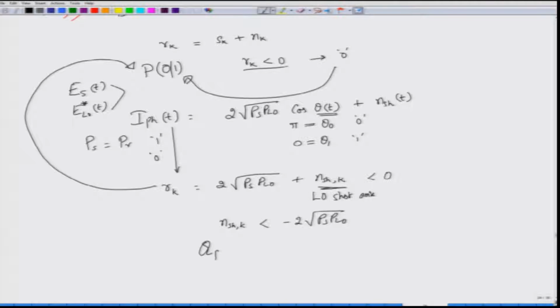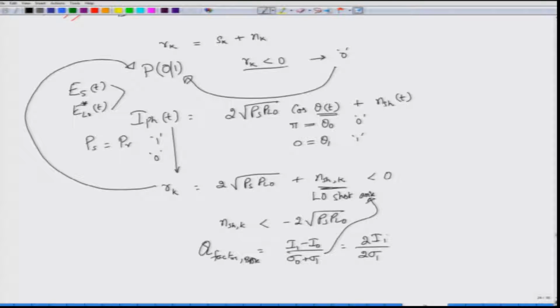The Q factor for the BPSK system can be defined by looking at I1 minus I0 by sigma 0 plus sigma 1, and we know that I0 will be equal to minus I1. So, you get 2 times I1 divided by 2 times sigma 1, because the noise for 0 and noise for 1 in the LO shot noise limited case will be approximately equal.